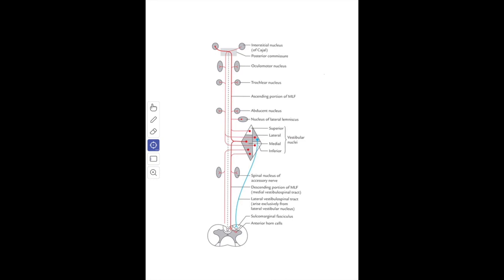The fibers of the medial longitudinal fasciculus interconnect the nuclei of the third, fourth, sixth and fifth nerves and also the spinal nucleus of the accessory nerve. The chief function of the medial longitudinal fasciculus is to coordinate the movement of the eye, head and neck in response to the stimulation of the vestibulocochlear nerve.